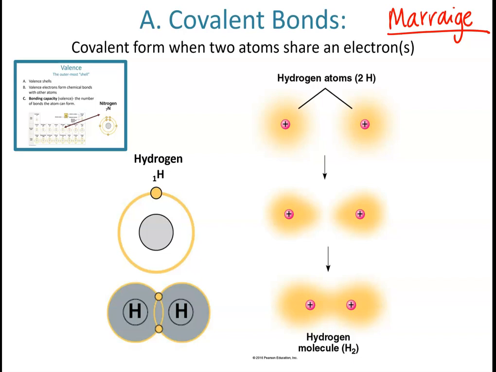So what happens here is the negative charge from those electron clouds around the nucleus is attracted to the positive charge of the protons within the atomic nucleus. So this electron is attracted over here, this electron is attracted over there, and they start to spend more time together.